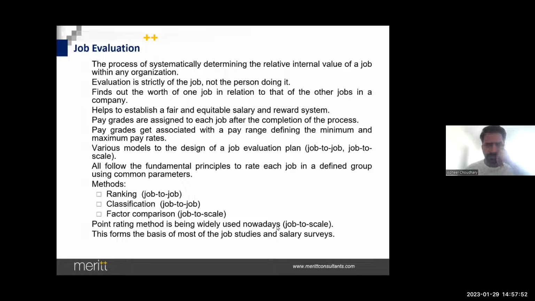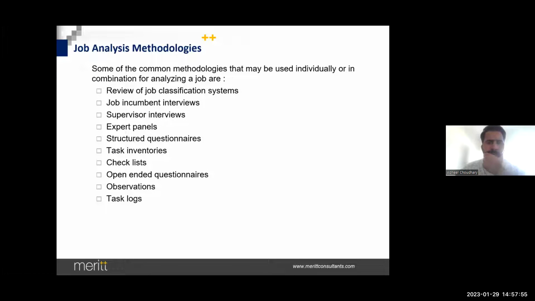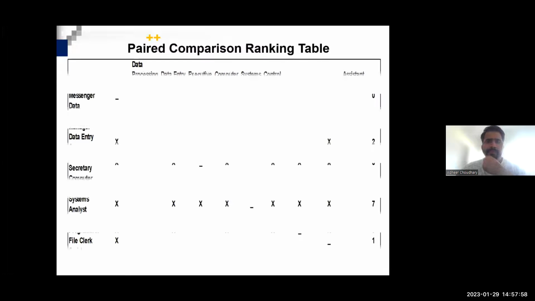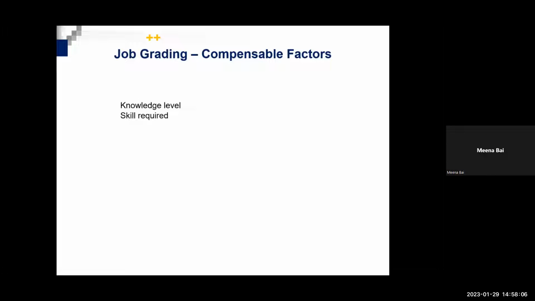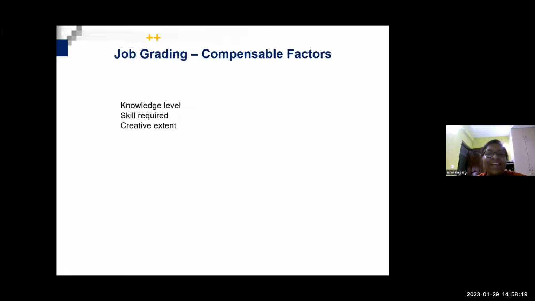So let me just take you to the list of compensable factors. So knowledge levels. Maybe some specific skill actually. Skills required, right? Yeah, somebody was mentioning something. Specific skills actually, which can be taken as a compensable factor. Absolutely. Creativity.